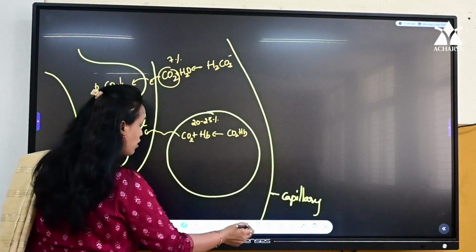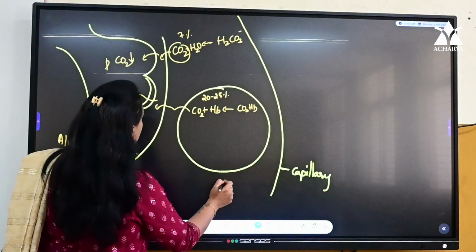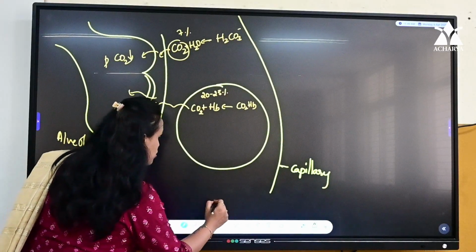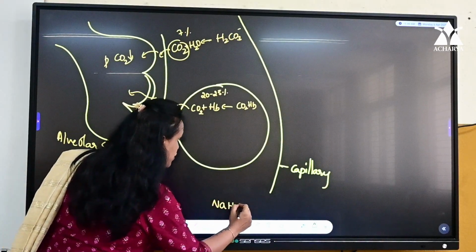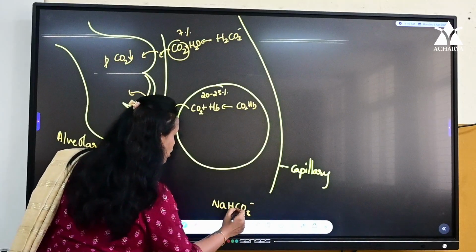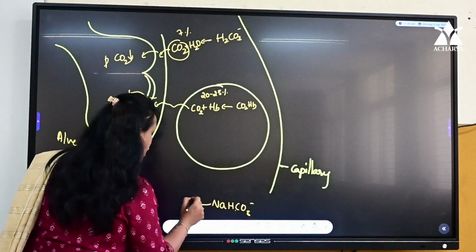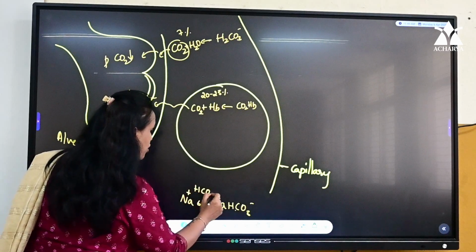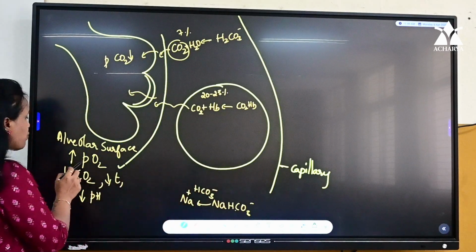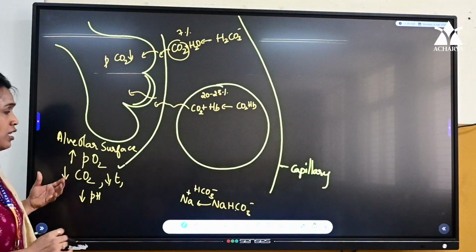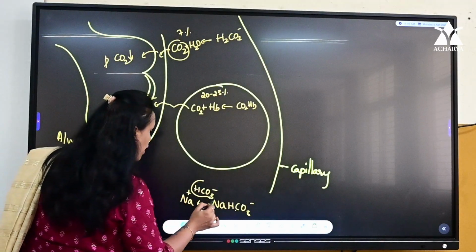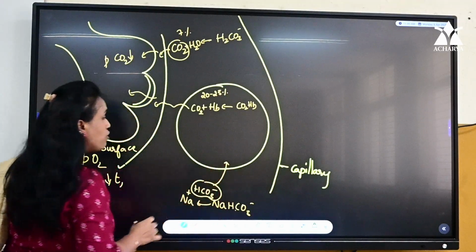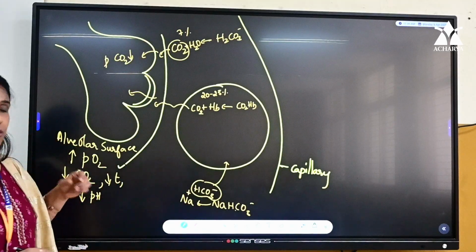Next, coming with the sodium bicarbonate, which was formed there, again shifts back to sodium plus HCO3 minus. Why? Because CO2 is more, carbon dioxide is less. So this HCO3 minus will enter into cytoplasm of the RBC.